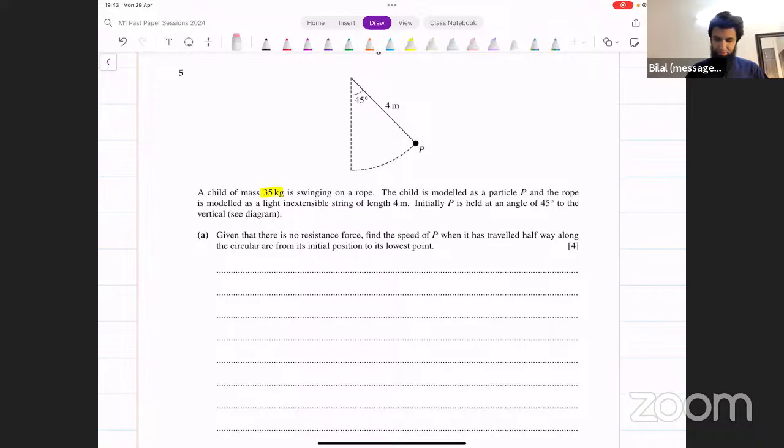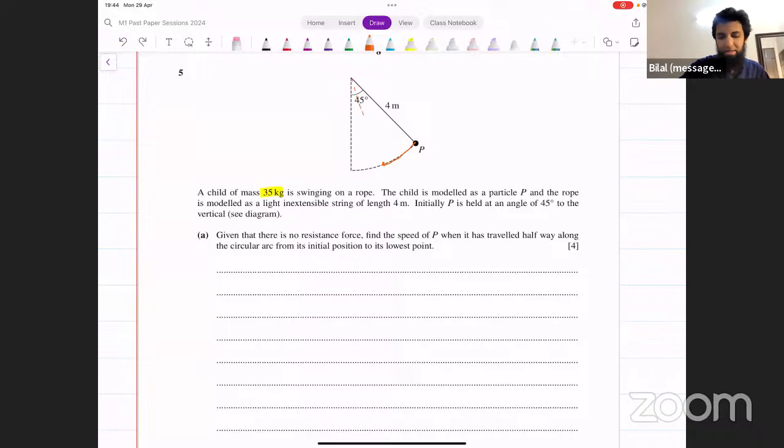Okay. So they basically want, when the child who is modeled as this particle has reached halfway along the circular arc, what does that mean? So this is the circular arc. The angle here is 45 degrees. Halfway means here. What do we know about this point?